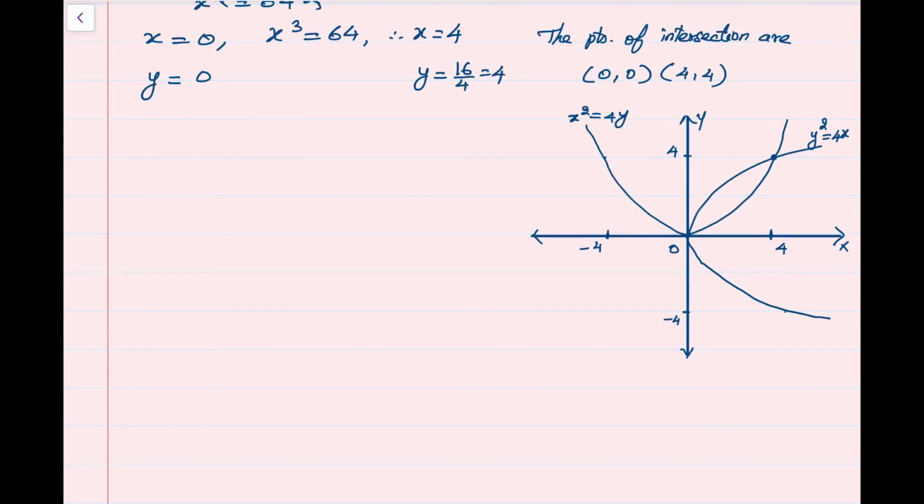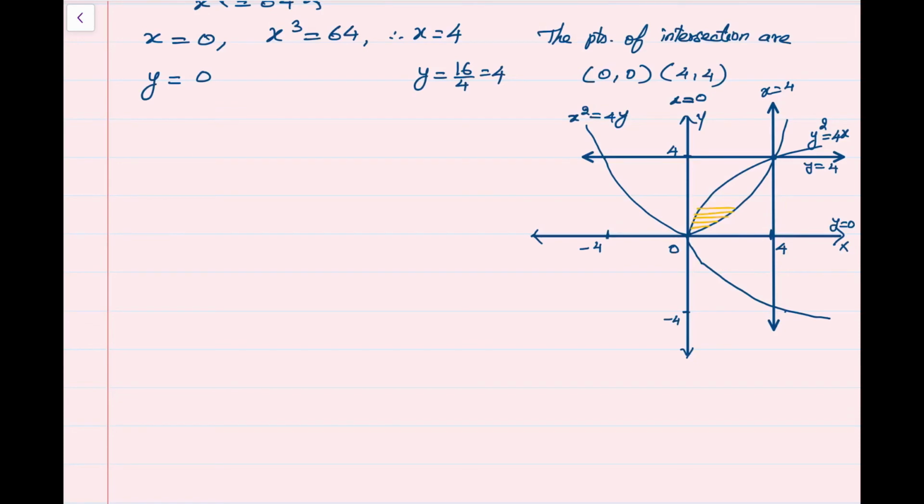Now we will draw the lines. X is equal to 0 is the equation of y-axis. X is equal to 4 is a line parallel to y-axis. Y equal to 0 is the equation of x-axis, and y equal to 4 is a line parallel to x-axis. So these four lines form a square.